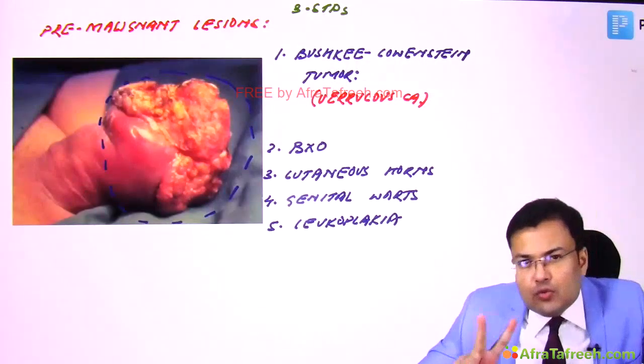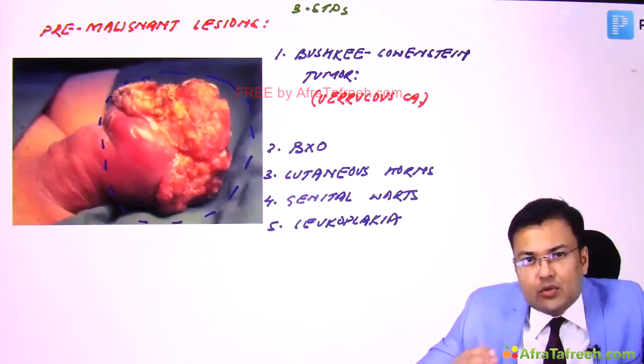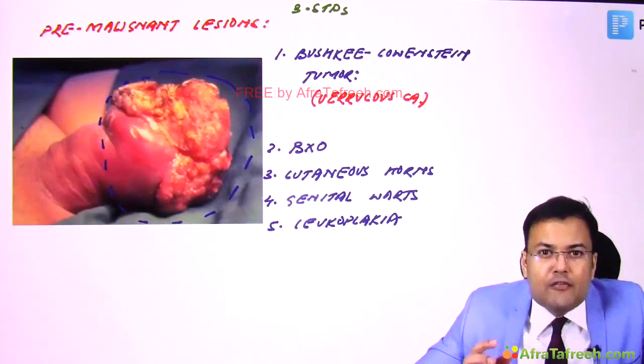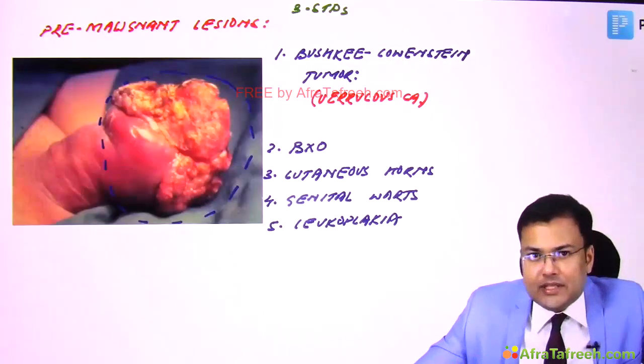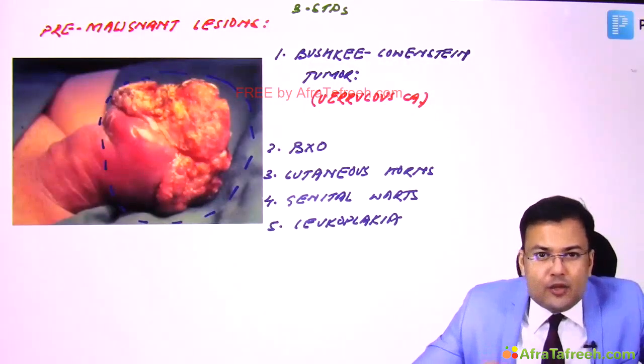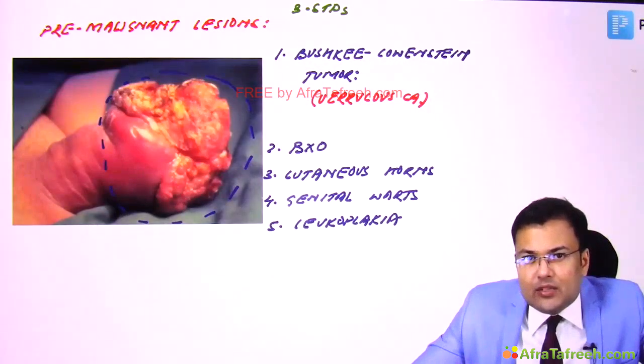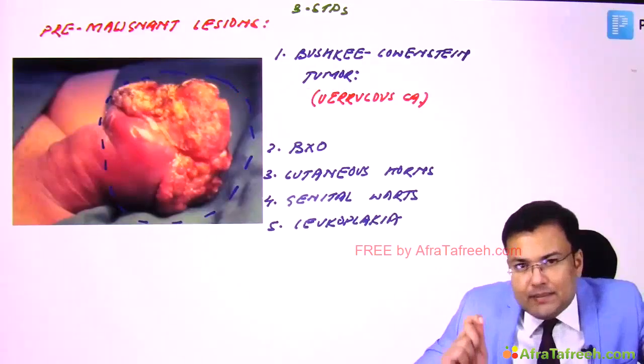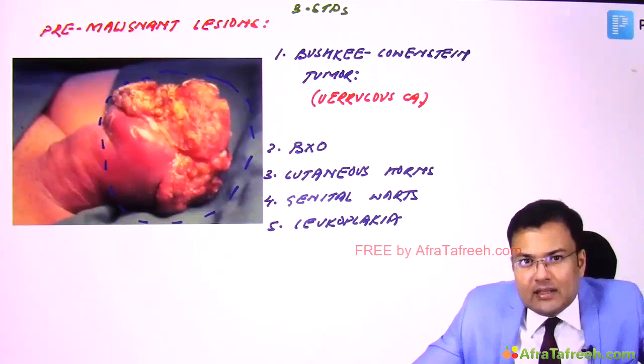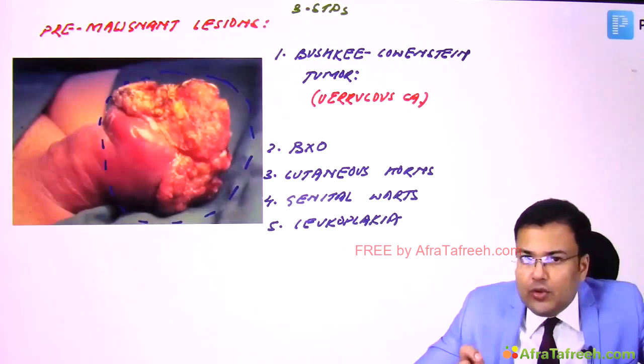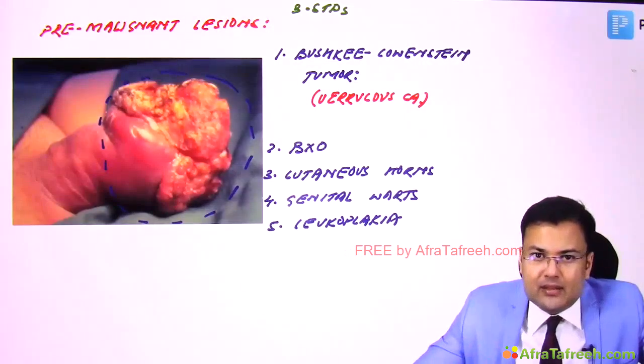After that, two more questions are asked related to the carcinoma in situ form of carcinoma penis. So see, the carcinoma in situ in relation to carcinoma penis is known as Bowen's disease. So the name of carcinoma in situ is Bowen's disease, but specifically if it is asked carcinoma in situ involving glans penis, that's known as erythroplasia of Queyrat.